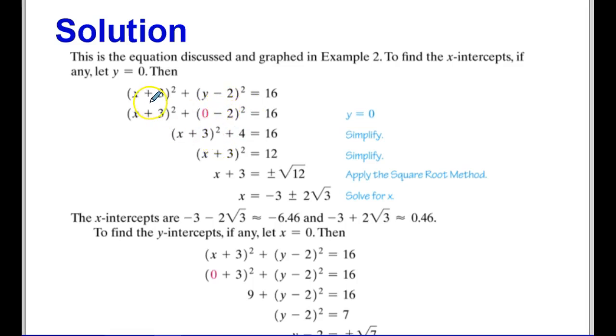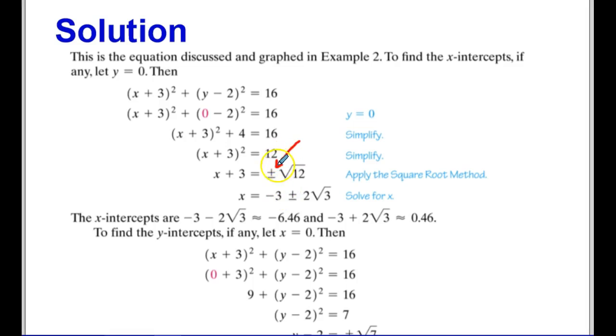I still have my (x plus 3) squared. 0 minus 2 is -2, and when I square that -2, it becomes +4, equals 16. Now I can get this term all by itself by subtracting 4 and then taking the square root of both sides. When I take the square root, remember I have to have the plus or minus.